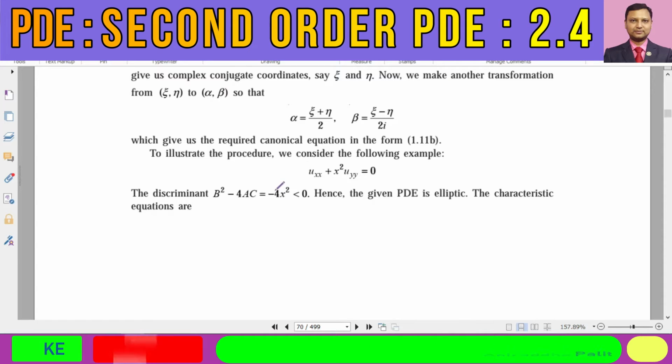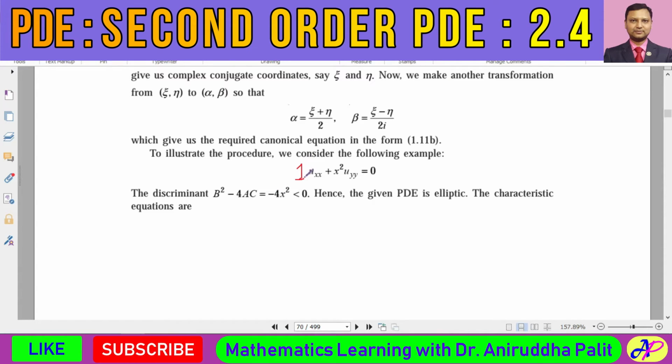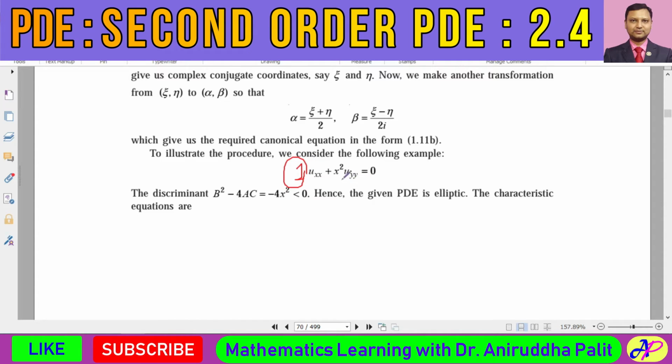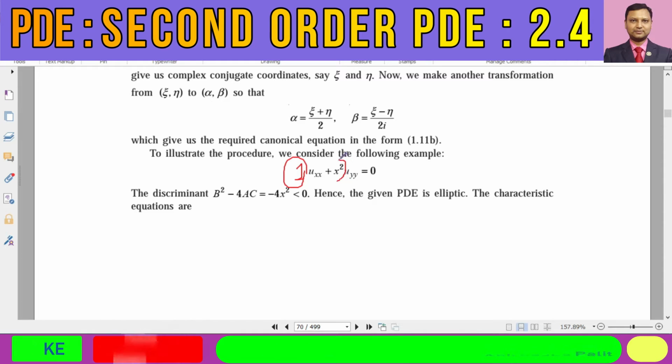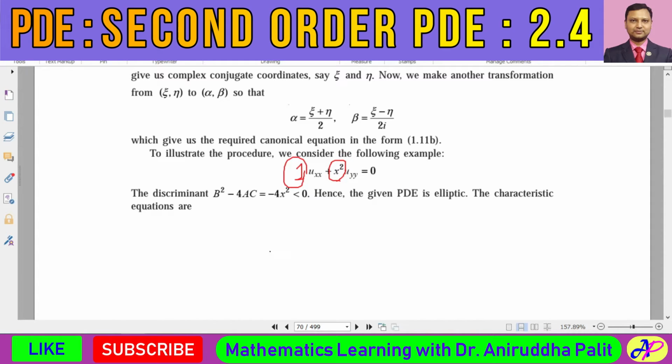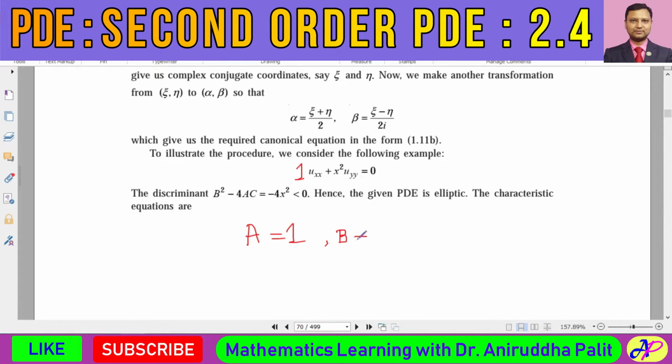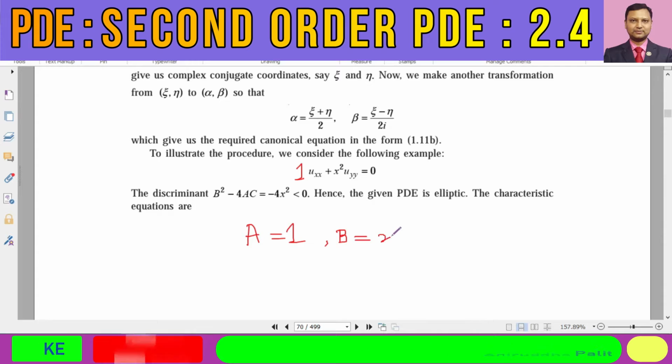So we have 1 into uxx, so this 1 is our capital A, and uyy is with capital C. So capital A is equal to 1, and capital C is equal to x square.